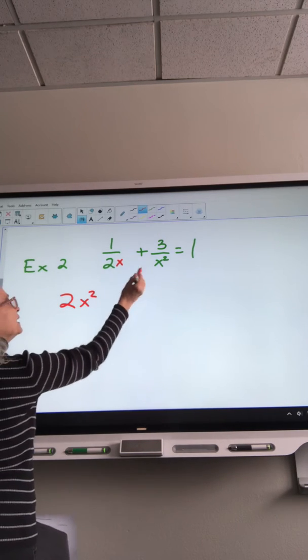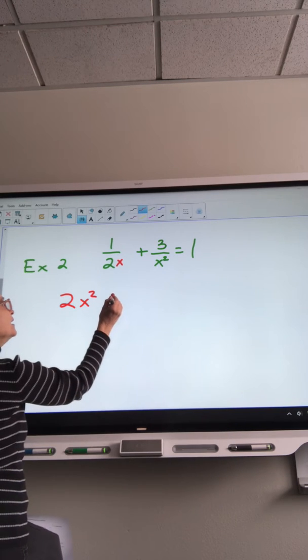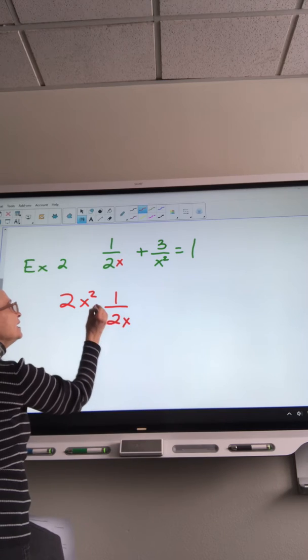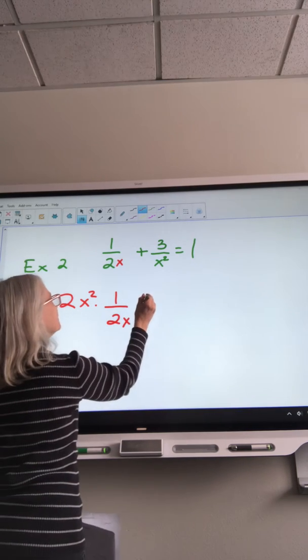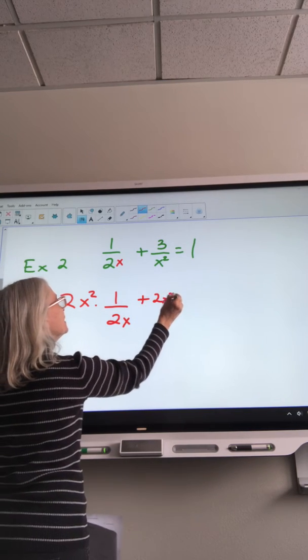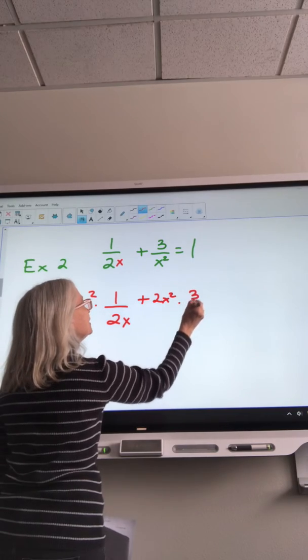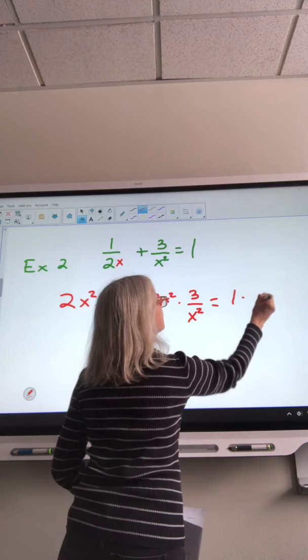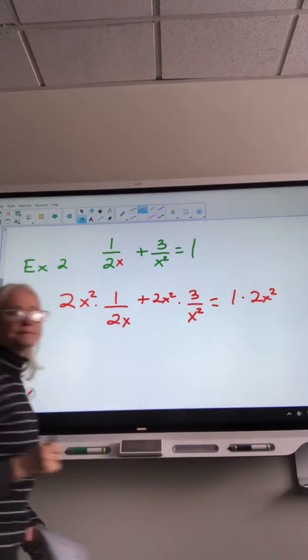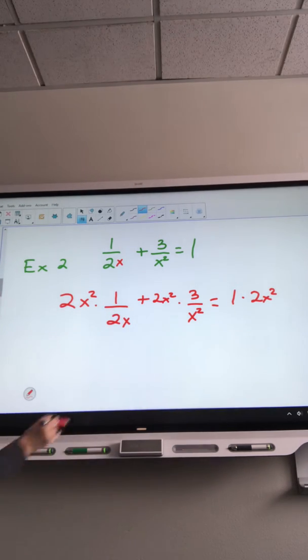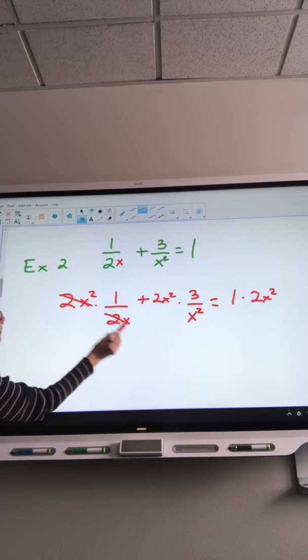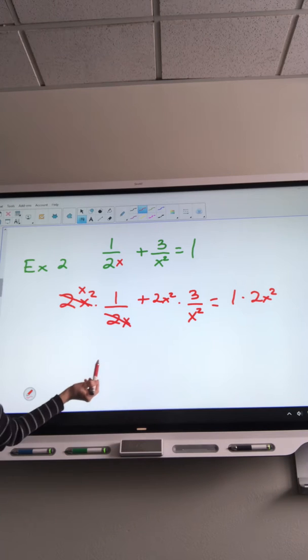So we're going to multiply each term by 2x squared. So we've got 1/2x, and then we've got plus 3/x squared, is equal to 1, and we multiply each by 2x squared. Okay, so in this term, the 2x would cancel out, which would just leave us with an x.